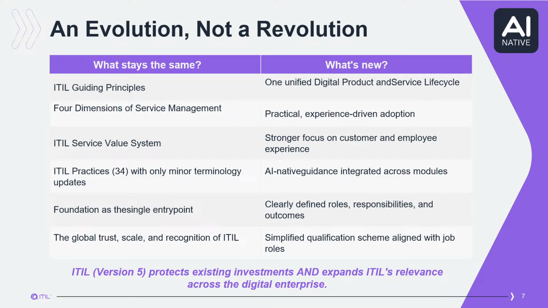The practice is all the same, just we have some IT related and AI native guidance about that. So we have some descriptions and some terms and definitions, but some of them have some extension with the AI. So that's some kind of new with this kind of thing.